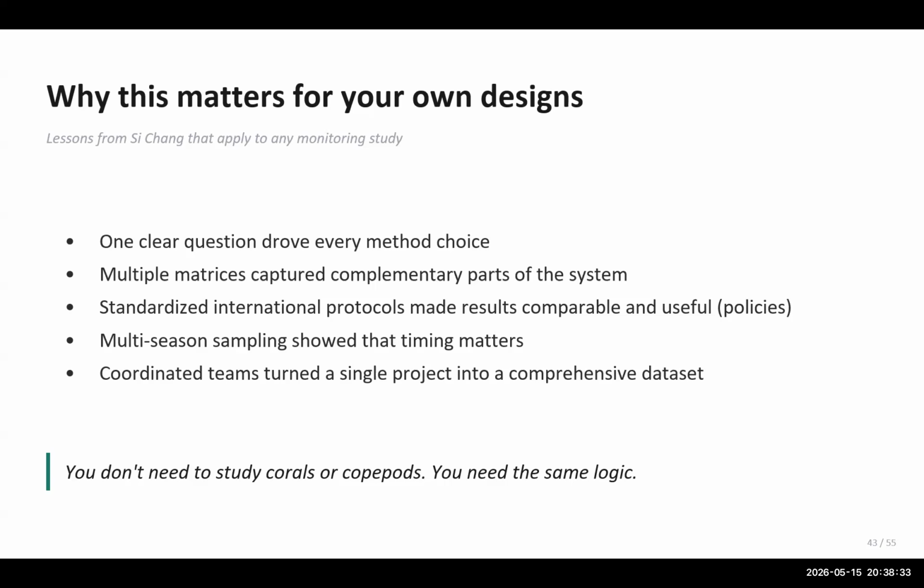And also use coordinated teams, because sometimes you might have very little time or a small budget. Working in teams will give you, for one project, a comprehensive data set that is more useful.